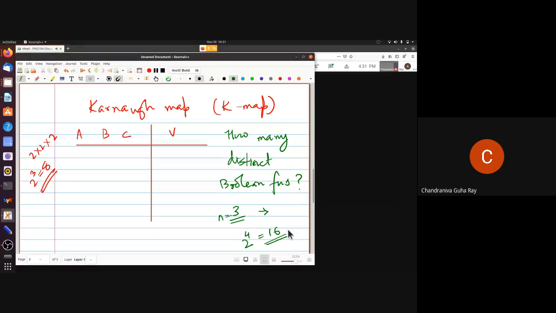So for every possible input, there is a particular map which either goes to 0 or 1. So two possibilities for every input, and each of them is a valid function. So it will be 2 to the power n into 2. Well, that's where you're wrong. Your argument was right, almost right.